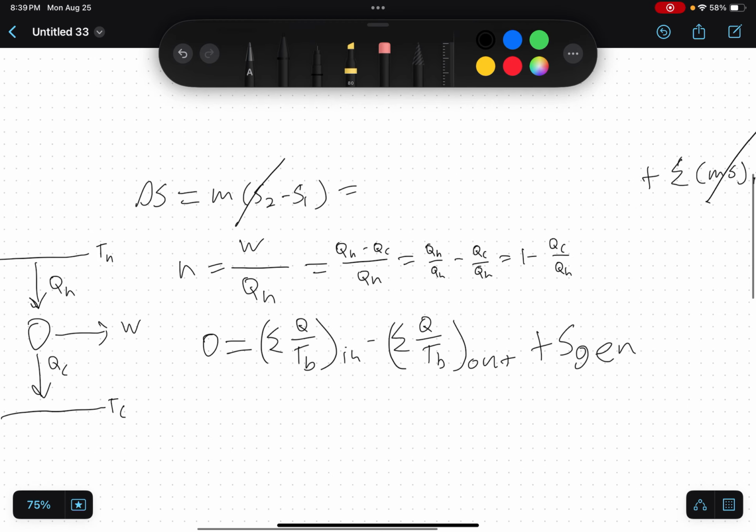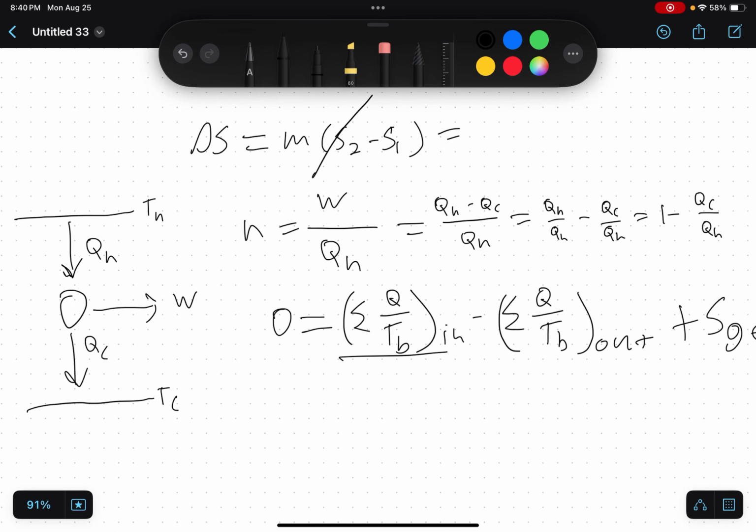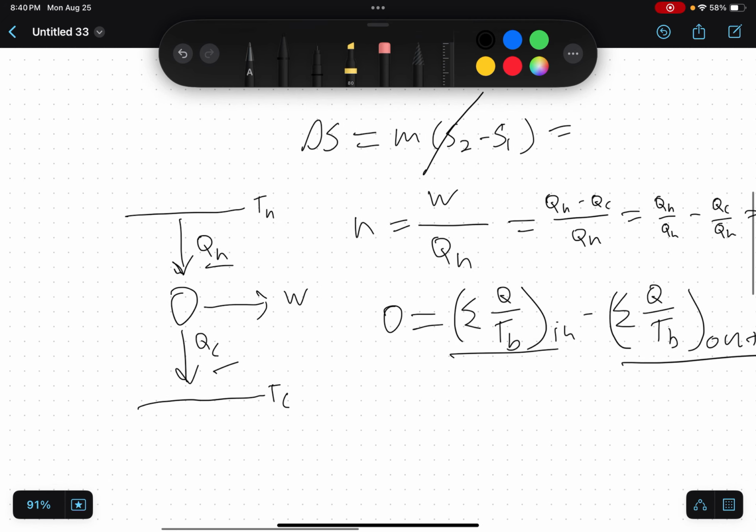Now, ideally, in a perfect world, Sgen is 0. We don't produce entropy, because if we're producing entropy, that means we're doing something less efficiently than optimal. So in our optimal case, we don't produce entropy. Cool. And also we only have one Q in and one Q out, because we just have QH and QC.